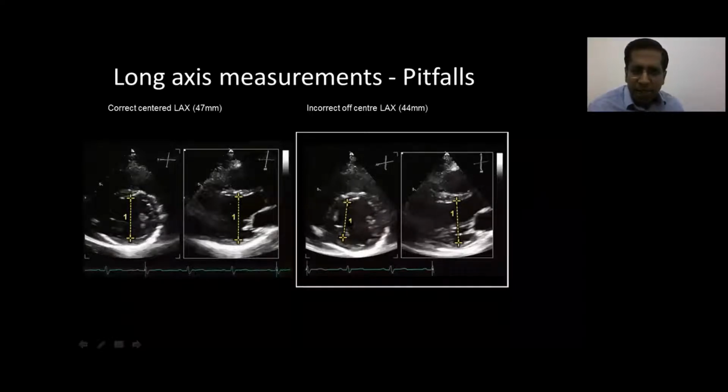Whereas what has been measured here is an off center long axis, and hence this diameter would be wrong. So this centering has been demonstrated using the X-plane or multiplane function in 3D.